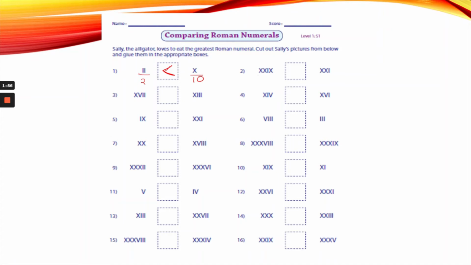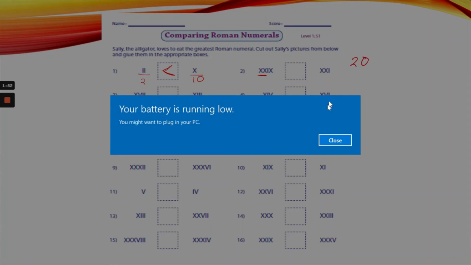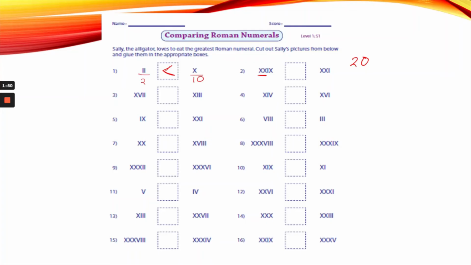Okay, so XX is 20. Sorry for this. Now this is 20, and this is XIX, X and I and X. So X minus 1 is 9. So this one is 29, and what is this? This is 10.